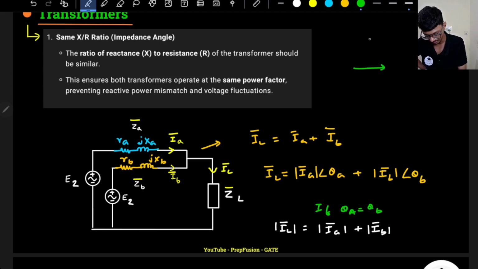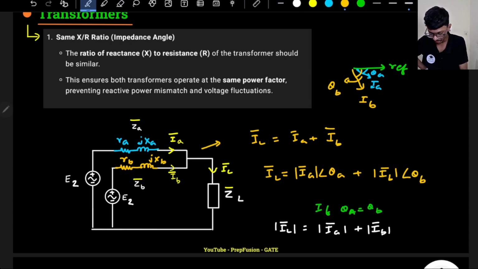You can draw the phasor diagram. This is the reference. Let's assume theta A is not equal to theta B. So this is my theta A and this is my theta B.